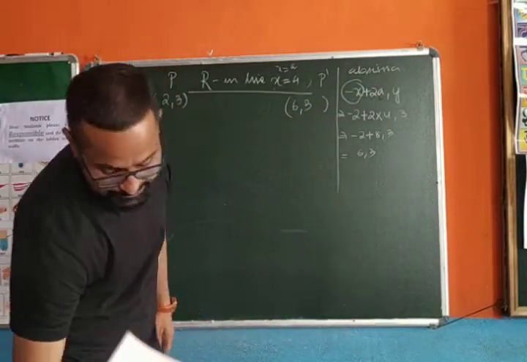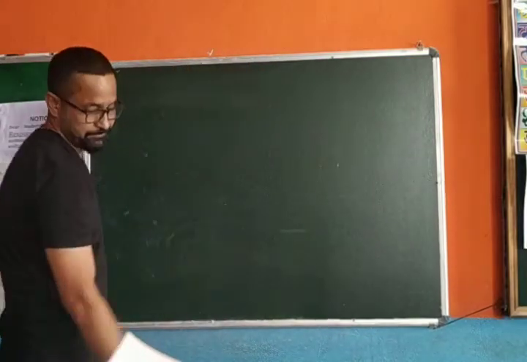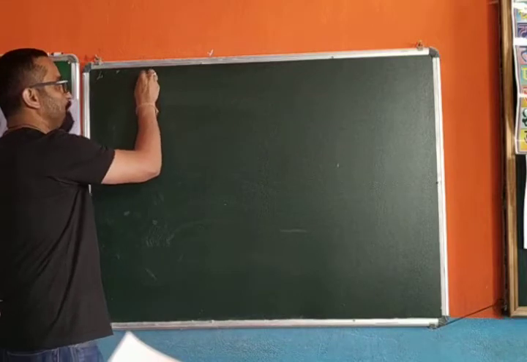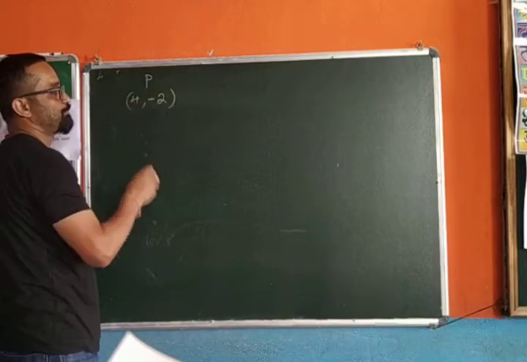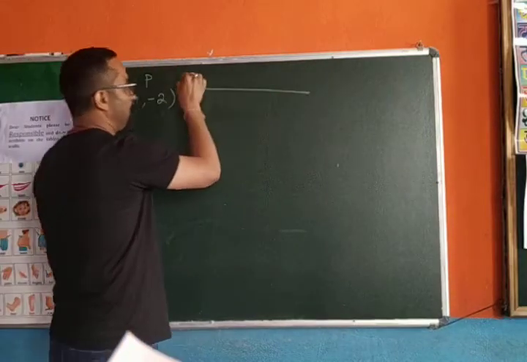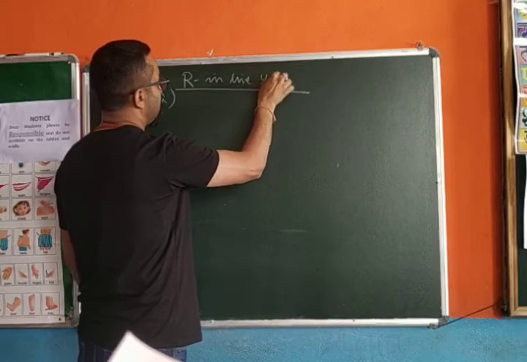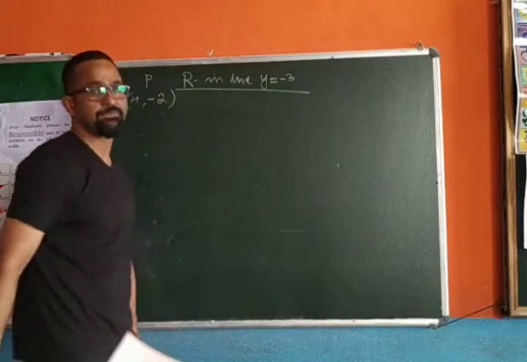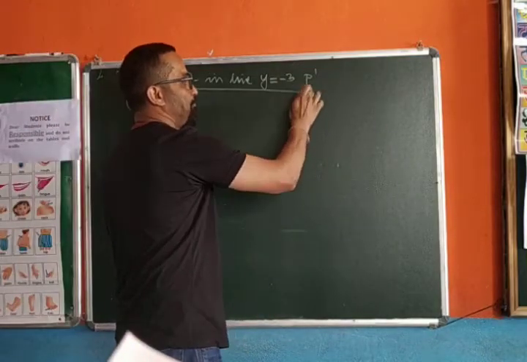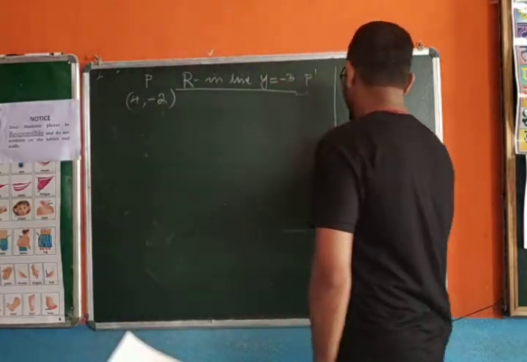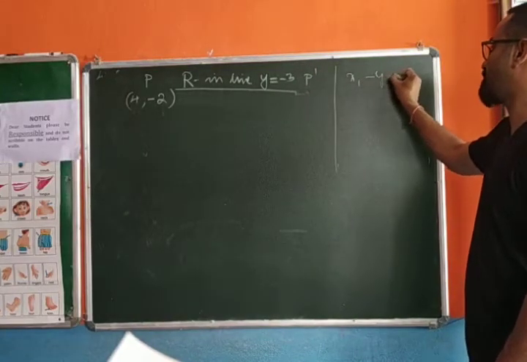I'll give you another example. A point P whose coordinate is 4, -2 reflects in line y equal to -3. Find the coordinate of its image P dash. So write down the formula at the side: x, -y plus 2b.